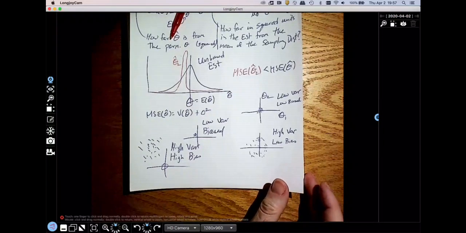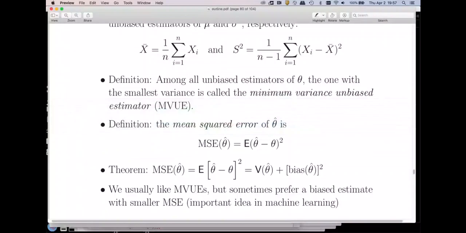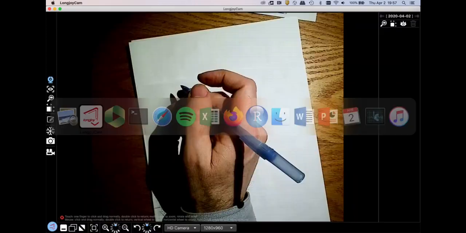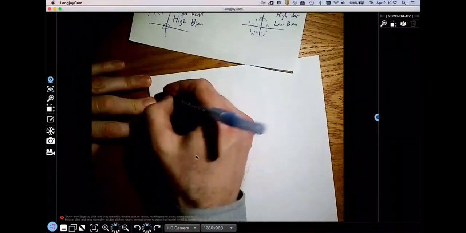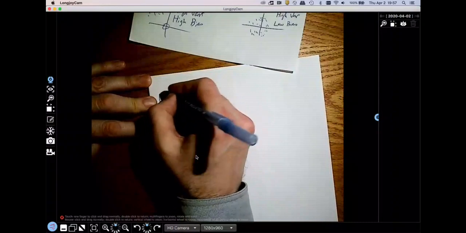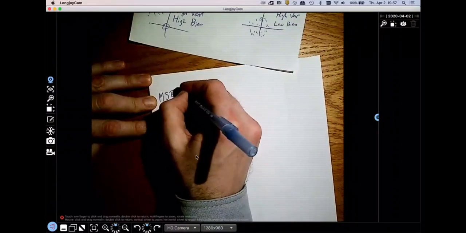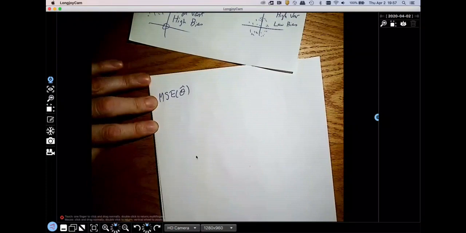All right, so let's go back to the course packet for a second. I promised a proof. So how do we actually establish this result? Well, let's go write this out. I'll just keep my definitions up here close by in case we need those. So let's take the mean squared error of theta hat.